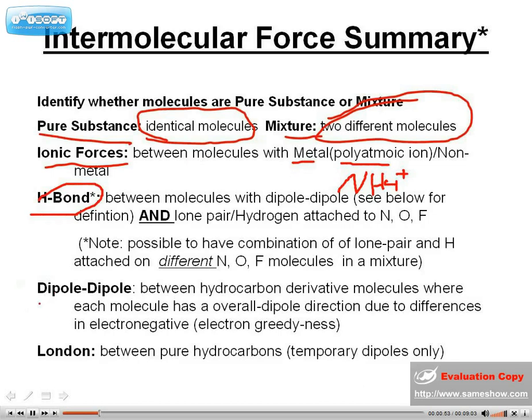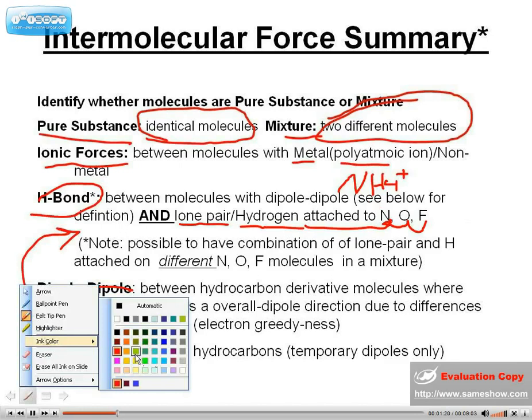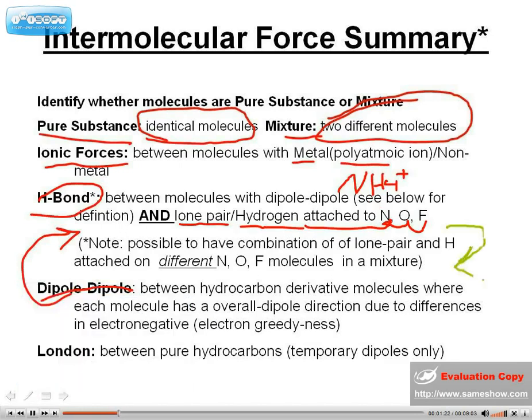This is a super powerful dipole-dipole force, where in addition, we must have a lone pair and we must have a hydrogen, which is directly attached, covalently bonded to either a nitrogen, oxygen, or fluorine. I do want to point out that we can have hydrogen bonding between identical molecules of a pure substance, or we can have hydrogen bonding between molecules.